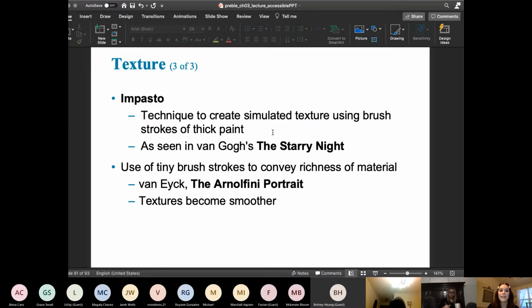Artists that are using paints with texture are doing something called impasto. Impasto is the concept of applying your paint so thickly that it has a cake batter consistency. That's done with oil paints. So with oil paints, which we'll learn next week when we go over the different mediums, if you add less turpentine, the paint will be thicker.